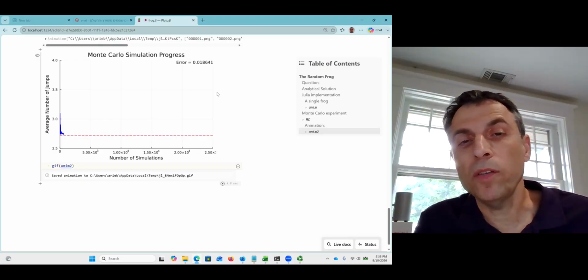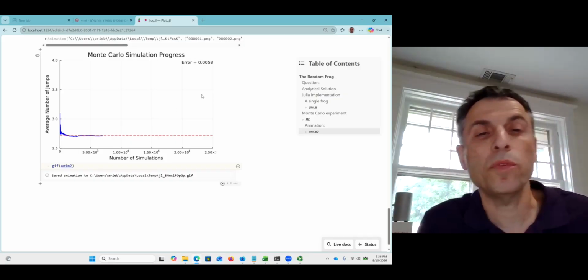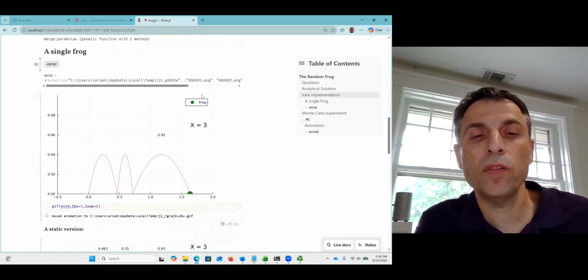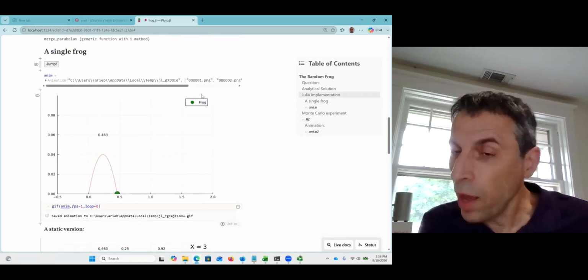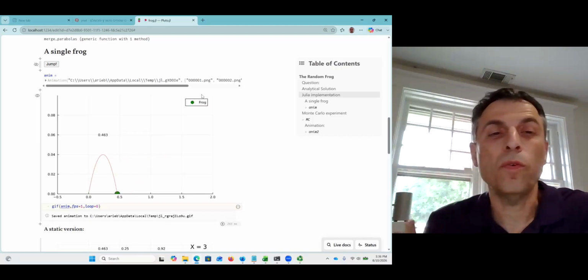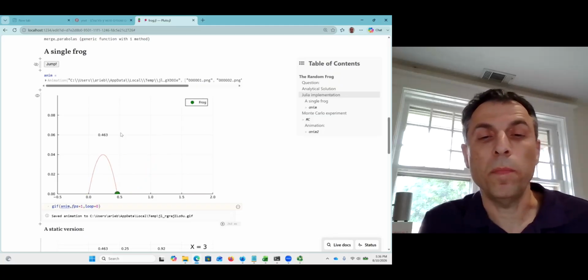It doesn't update much, but in the beginning it's 2-digit close, and then it gets 3 and 4 and so on. So that's the Monte Carlo simulation. These random frogs, on average, will take 2.71 and so on tries until they eventually pass the 1 point on the real line.